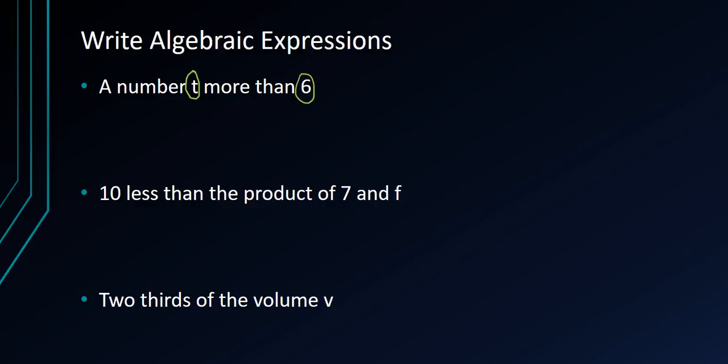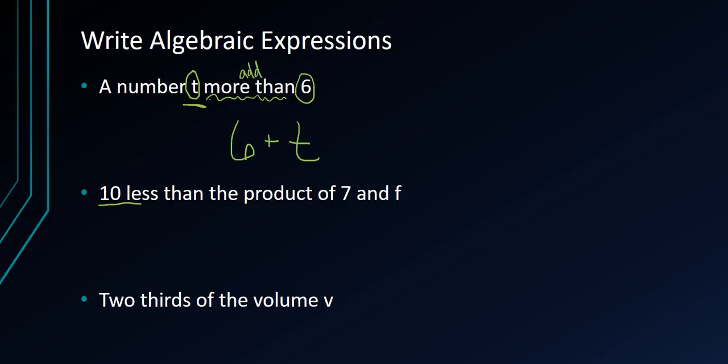Well, if I want more than 6, I have 6, I want more than that, and it says a number t more than that, so that'd be 6 plus t. So again, you have to look for keywords. More than I know is addition. So t plus 6 would also work, because addition we can do in any order. However, subtraction you cannot, so you need to be careful with that.